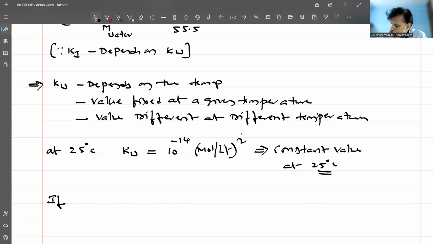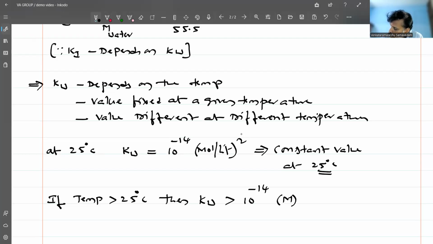If the temperature is greater than that of 25 degrees centigrade, what will happen? Kw value is greater than that of 10 power minus 14.